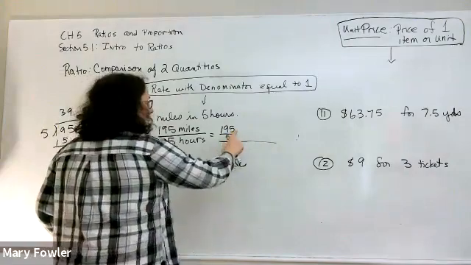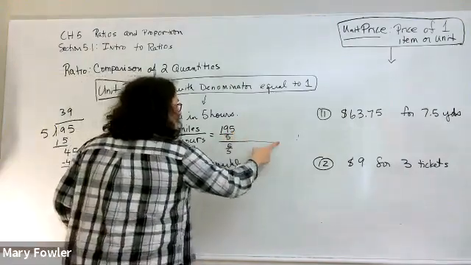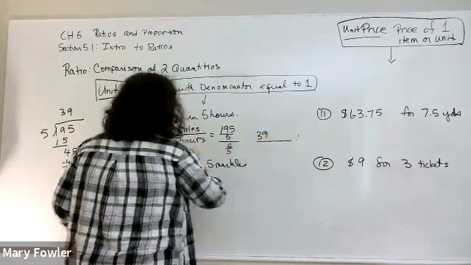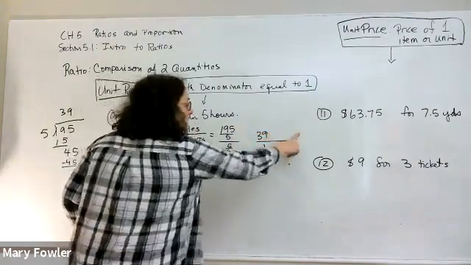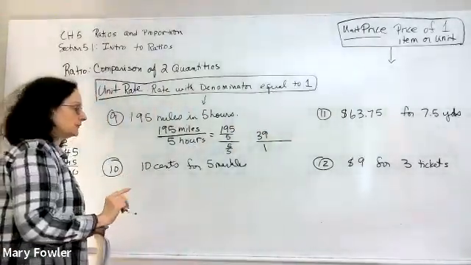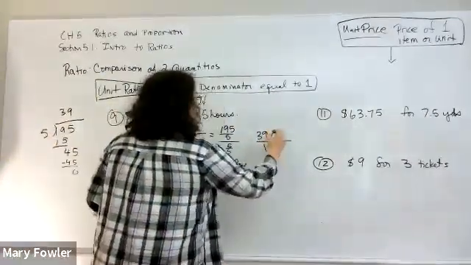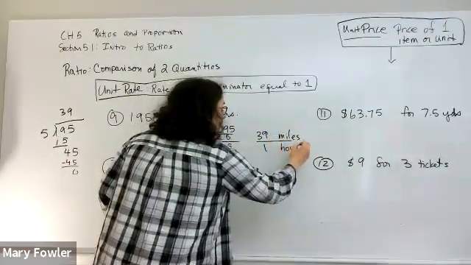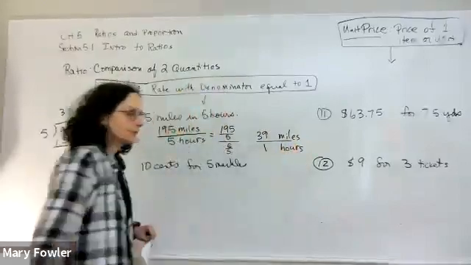So 5 goes into 195 39 times, and 5 goes into 5 1 time. And so we have a unit rate of 39 over 1. And in this case, it's 39 miles per 1 hour, or 39 miles per hour.